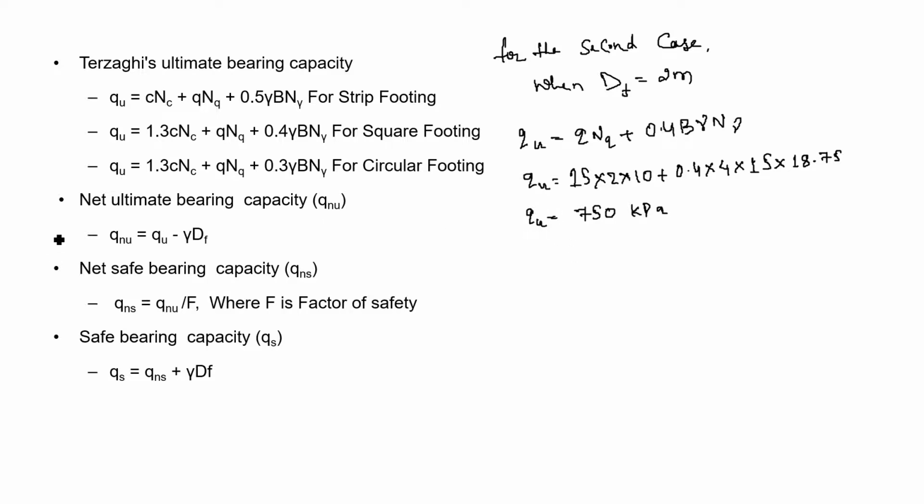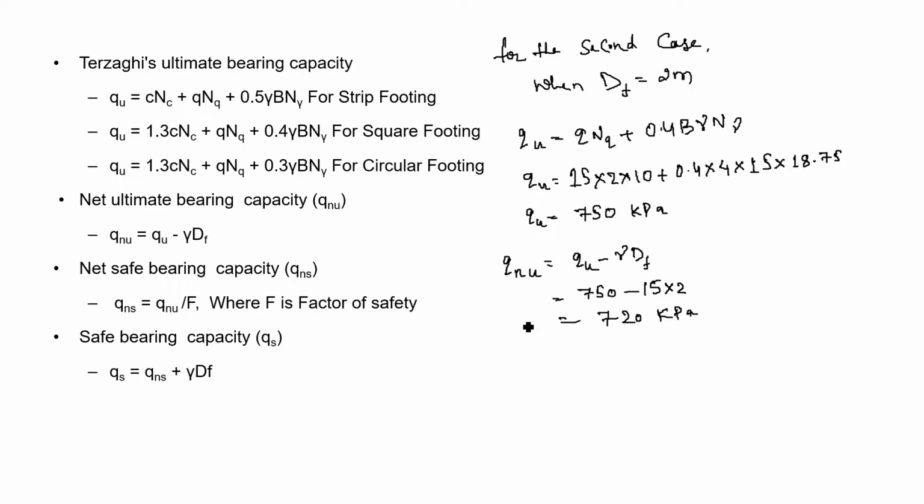Now after calculating Qu, we can find the net ultimate bearing capacity Qnu. Qnu is equal to Qu minus gamma Df. Qu we have calculated as 750, minus gamma, the unit weight, that is 15, times depth of footing, 2 meter. So it comes as 750 minus 30, that is 720 kilopascal.